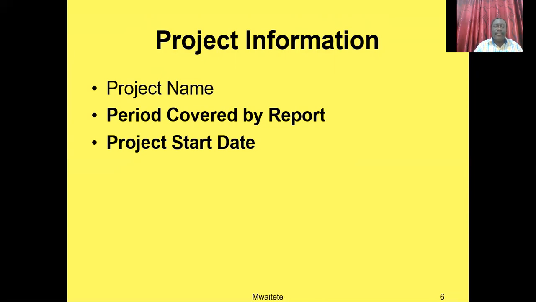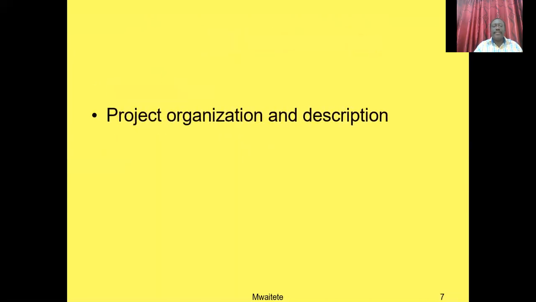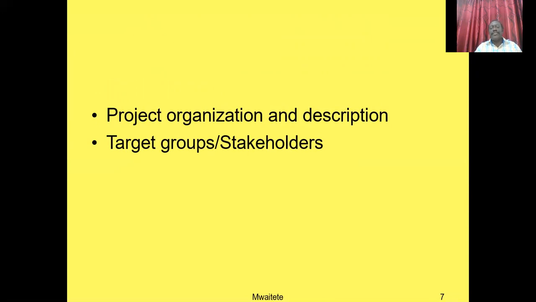You also have the project start date, when it started. These are the things that you'll find yourself having: project organization and description. You describe much about the project itself. How is it organized? What are the key issues within the project?